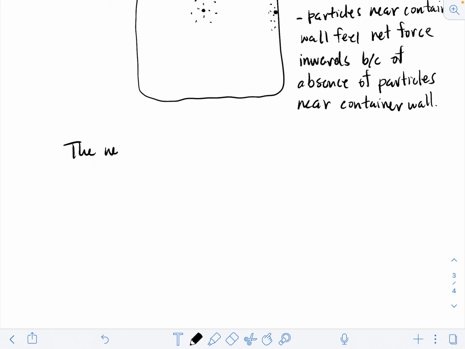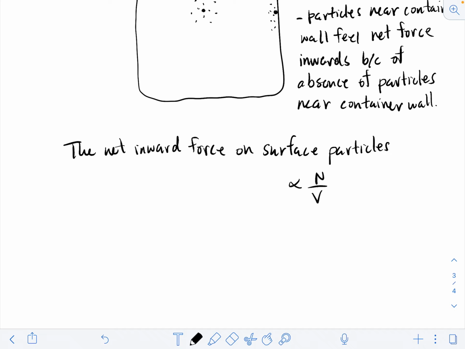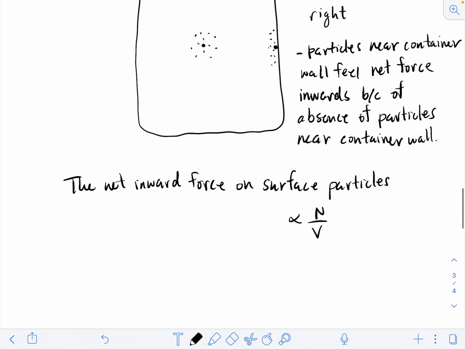So the net inward force on surface particles is proportional to the density of particles, right? If I'm a particle sitting at the surface and the density of the gas is high, then there are going to be more particles pulling me inwards, and so the force that I feel increases.